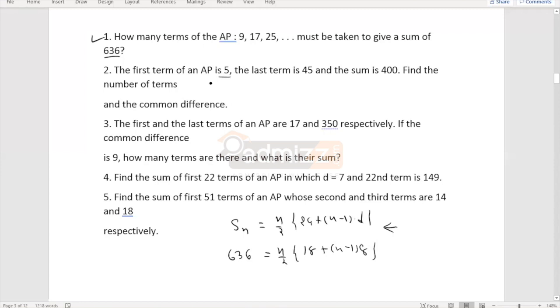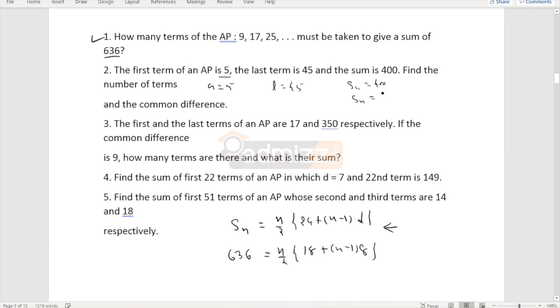What is given? You have to write roughly a equal to 5. The last term is 45, l equal to 45. Sum is 400, Sn is given as 400. Find the number of terms, n you have to find.